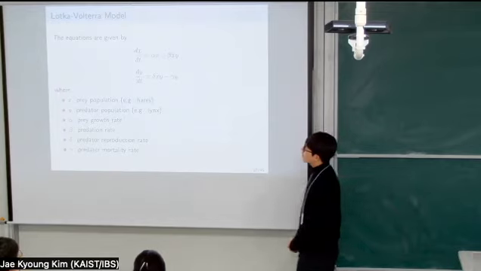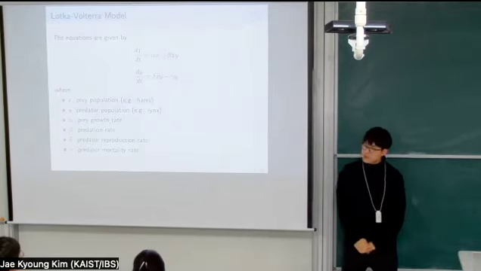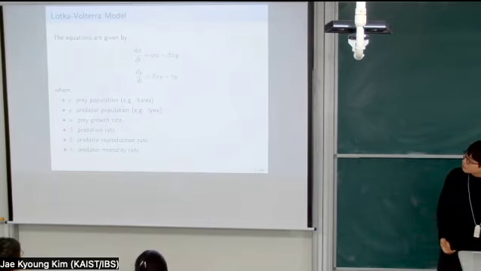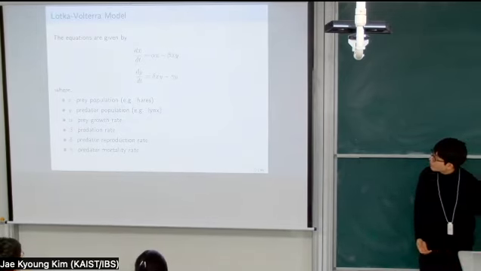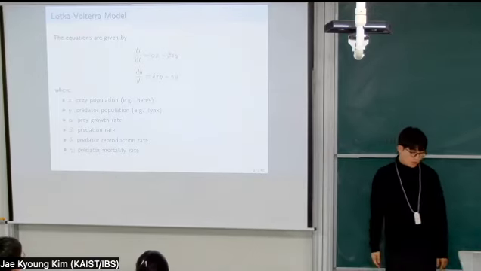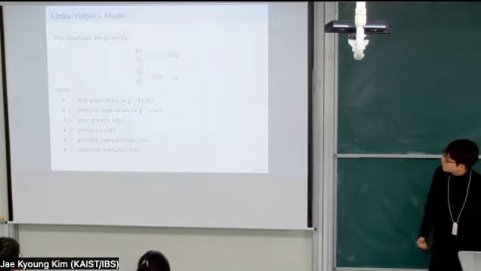And x and y are the population dynamics. So x is going to encode the hare population over time t, and y is going to be the lynx population over time t. And we want to describe such data using this type of differential equation model.